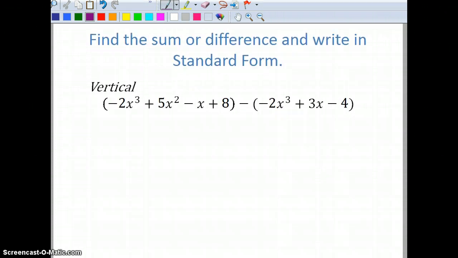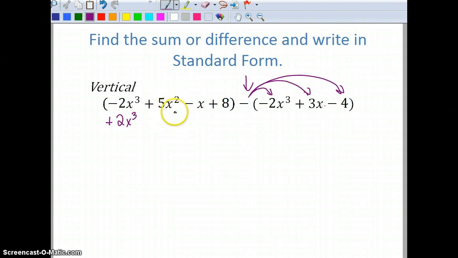Okay, now this one, I really prefer to use the vertical method whenever I'm subtracting. This one's going to be a little bit different. You have to distribute this negative to each and every term inside these parentheses. So what is negative 1 times negative 2x cubed? Okay, well that's going to give me a positive 2x cubed. So when I rewrite it, I'm going to line it up under the terms.